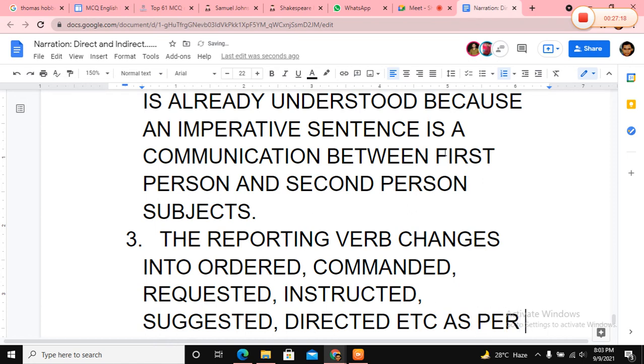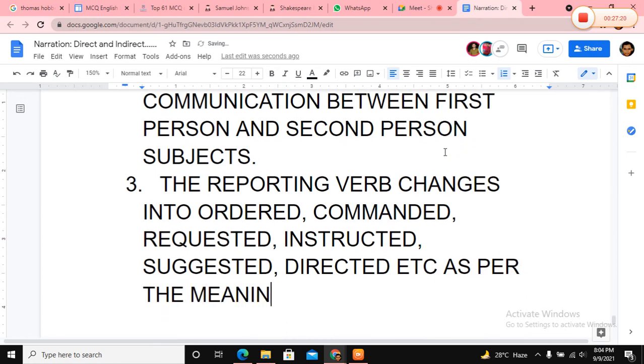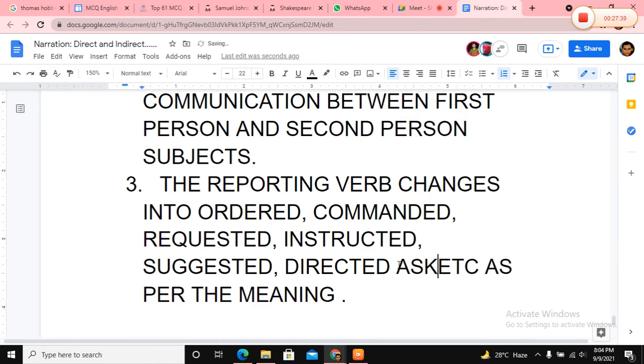And suppose you don't remember other reporting verbs, you simply use ordered. Or if you are not even recalling ordered, then you just write asked, in the sense of say, to say.